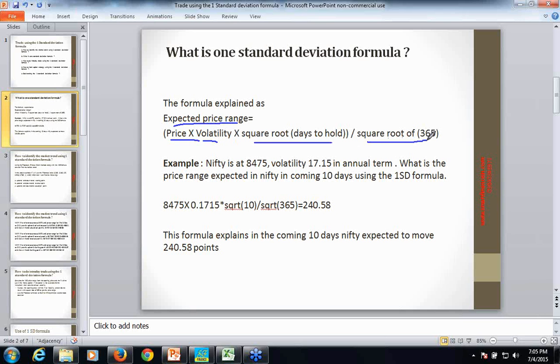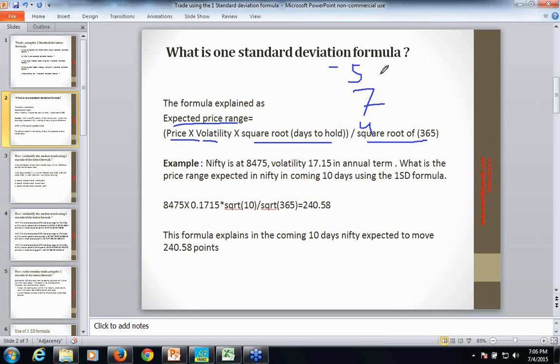Why is it called the one standard deviation formula? Because standard deviation is a factor that we use on a daily basis. In the simplest terms, suppose three people have heights of 5 feet, 7 feet, and 4 feet.